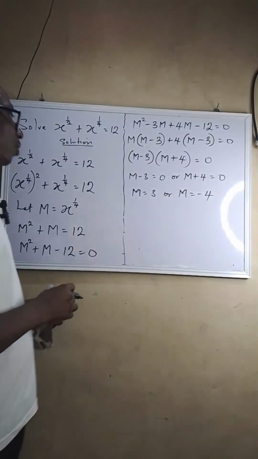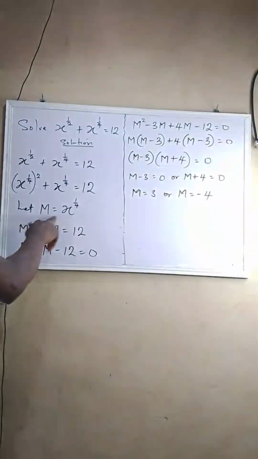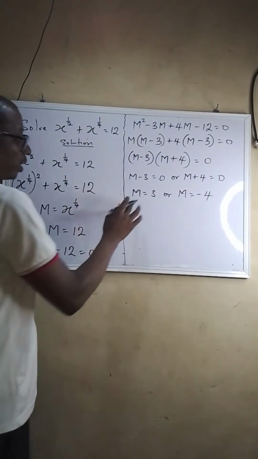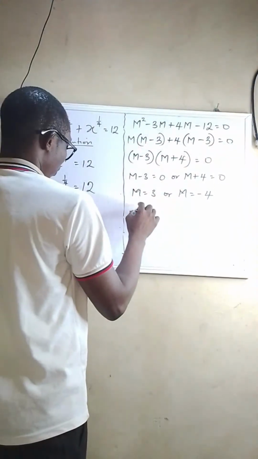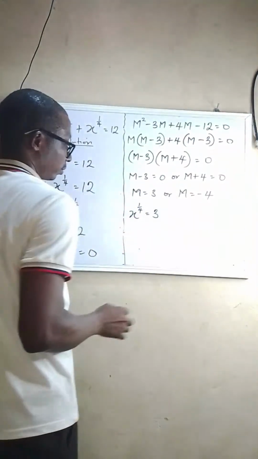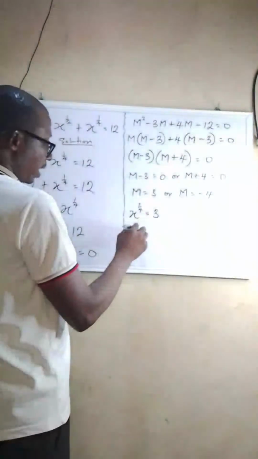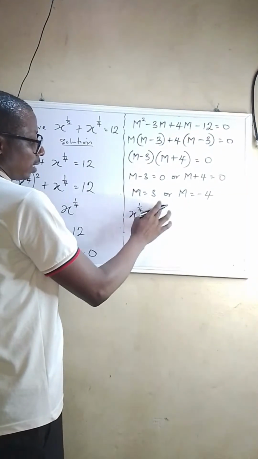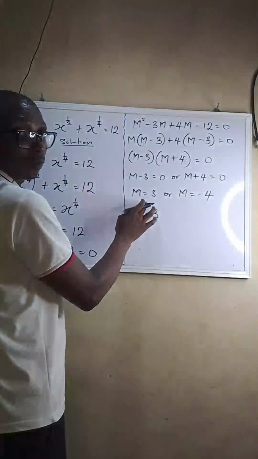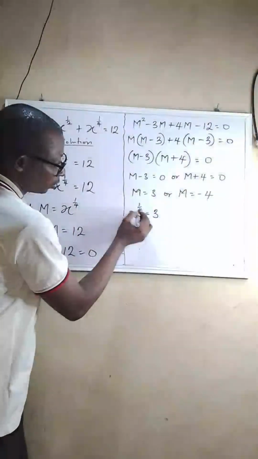All right, so the next thing now, don't forget, we said that m is the same thing as x raised to the power of 1 over 4. So here now we have x raised to the power of 1 over 4 equals 3. All right, so now you can raise this to the power of 4 and raise the other side to the power of 4, so that we're able to cancel this 4.